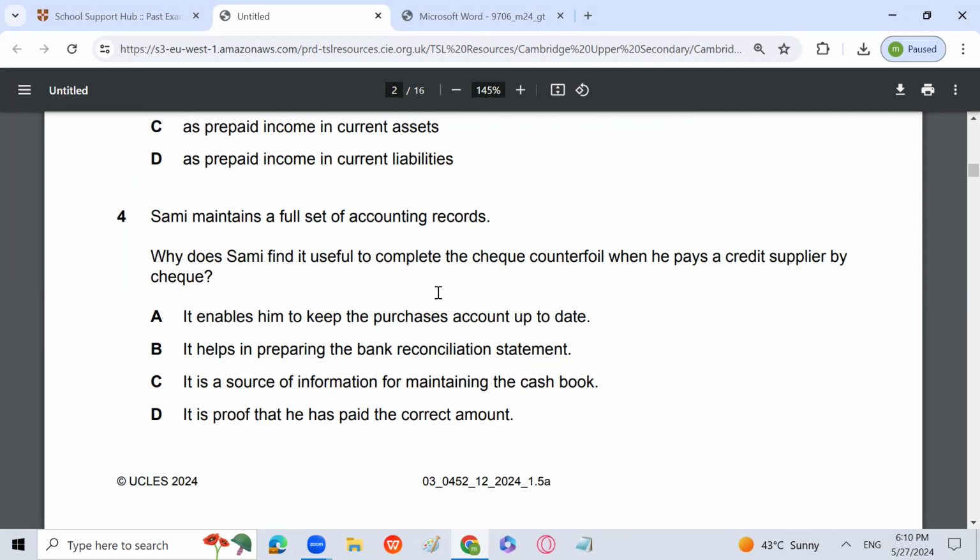It enables him to keep the purchases account up to date? No. It helps in preparing the bank reconciliation statement? It is a source of information for maintaining the cash book? It is proof that he has paid the correct amount? What is the answer?